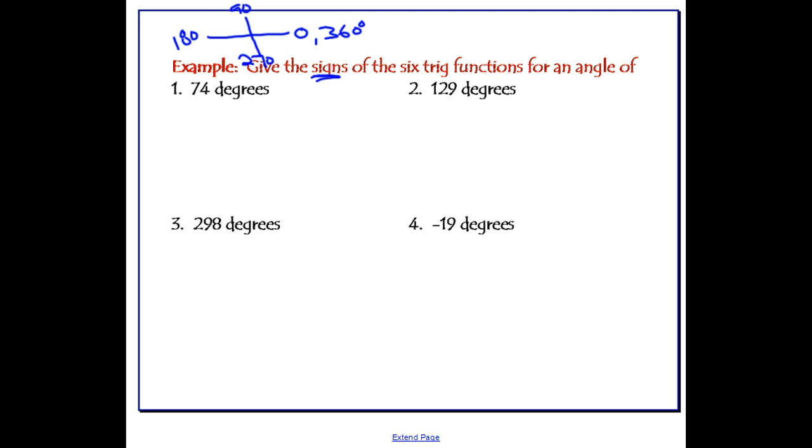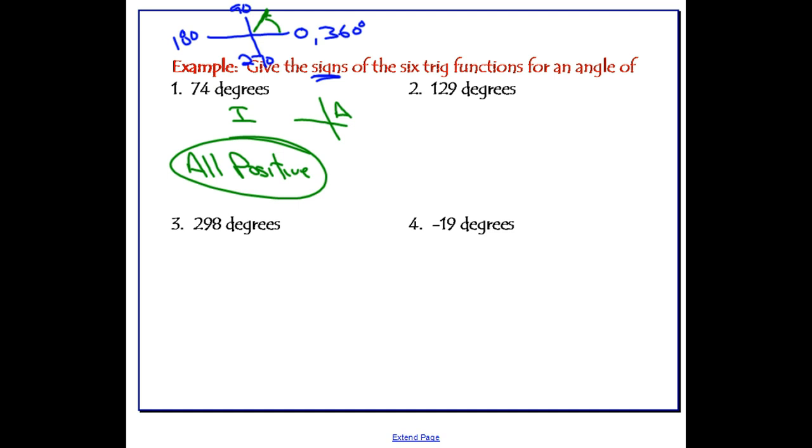So if you rotated 74 degrees, you'd be right up here in the first quadrant. So let's think through A Smart Trig Class. First quadrant is A. All trig functions are positive in the first quadrant. Done.